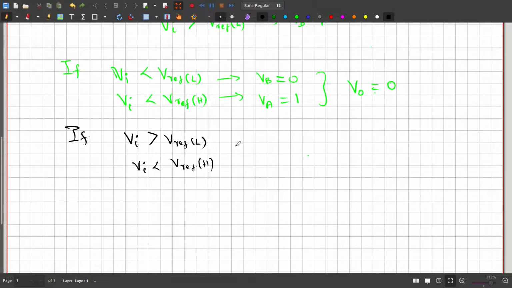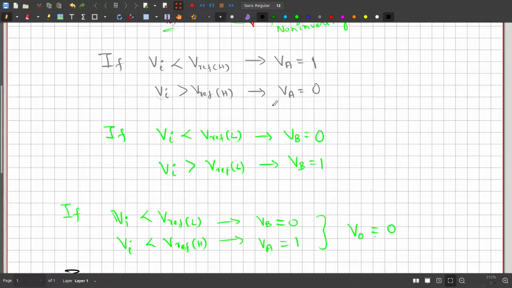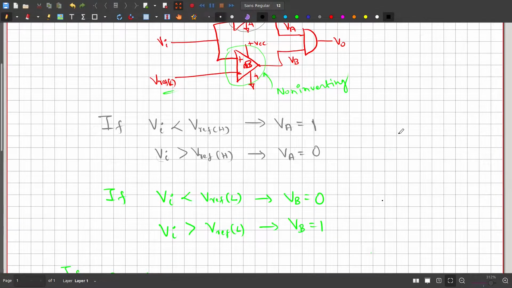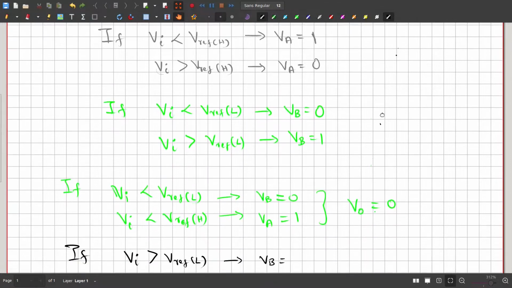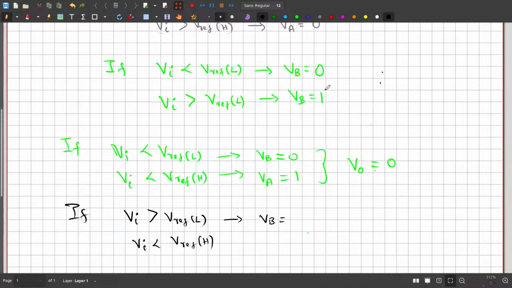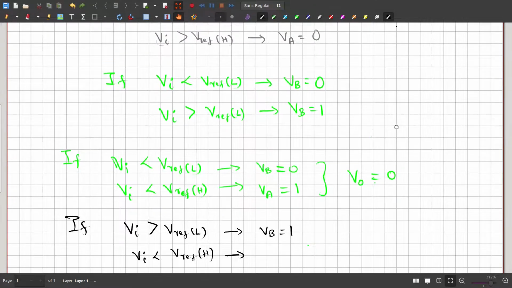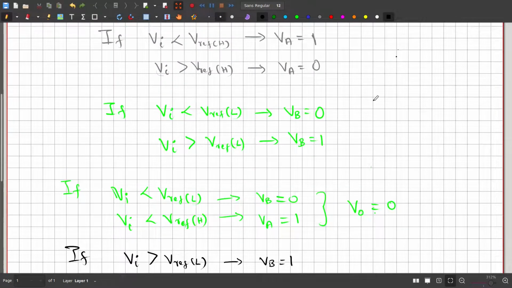Before that, let's examine this. Our Vb equals what? If Vi is greater than V ref of L, we have Vb equal to 1. Similarly, if Vi is less than V ref of H, in this case we have Va equal to 1.